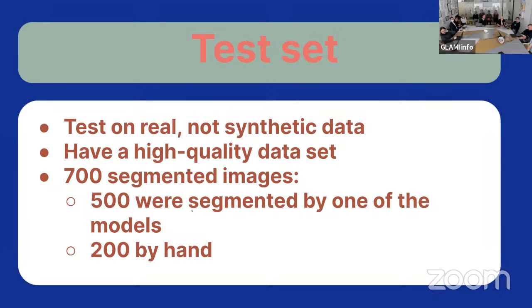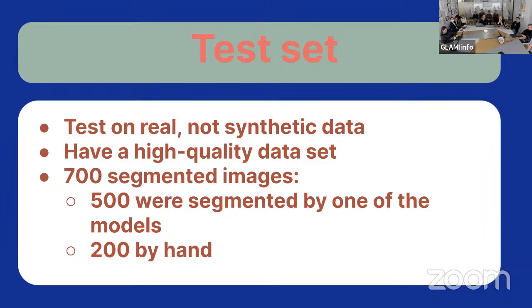I haven't talked much about the test set, but we covered it a bit. You want to test on the real data, not the synthetic data, right? But then you don't want to segment everything meticulously, and then you have a bit of a chicken and egg problem. So because we're lazy, we arrived at a compromise to have not so many images in a test set, but the ones we thought would be of high quality.